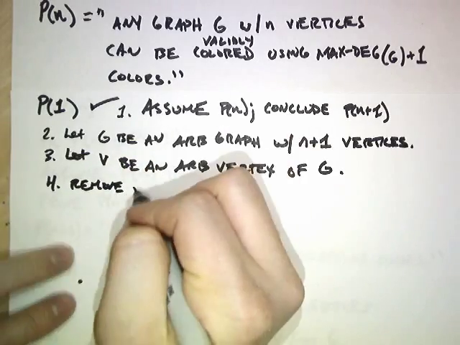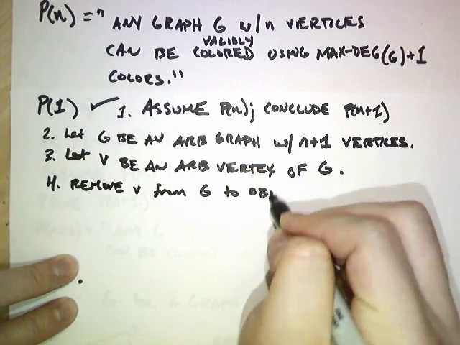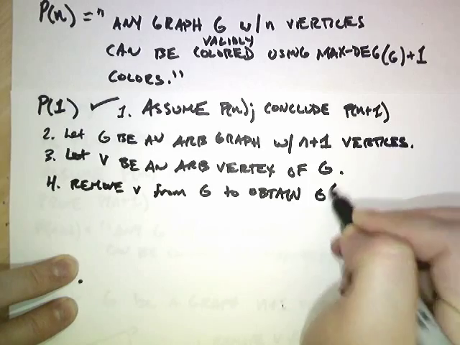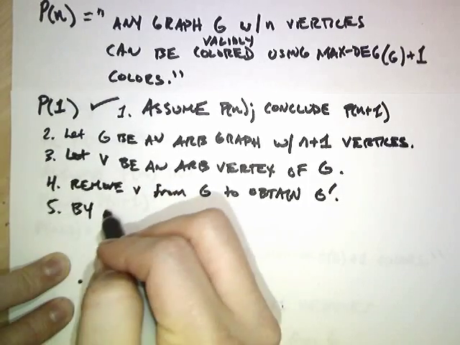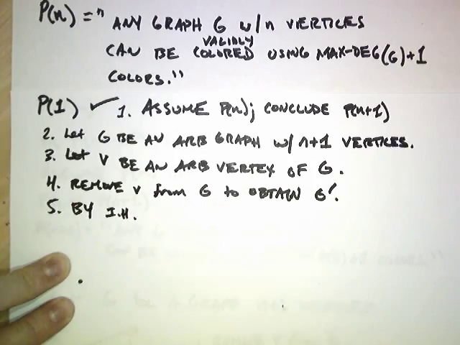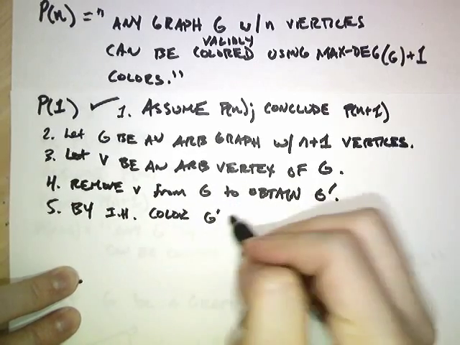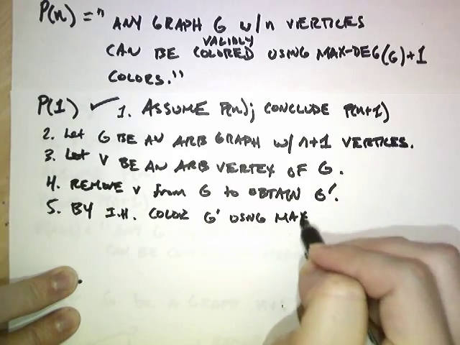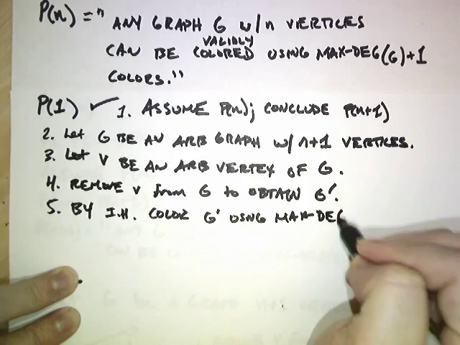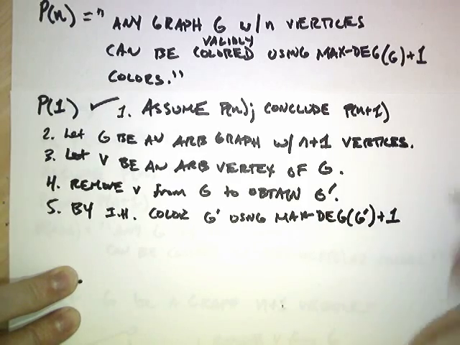Remove V from G to obtain G prime. By the induction hypothesis, we can color G prime using max degree of G prime plus 1 colors.